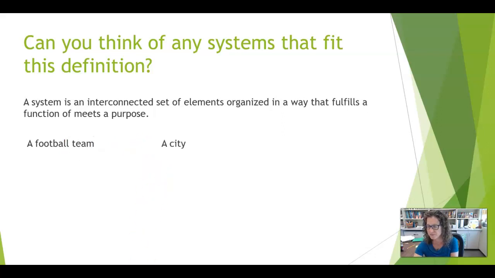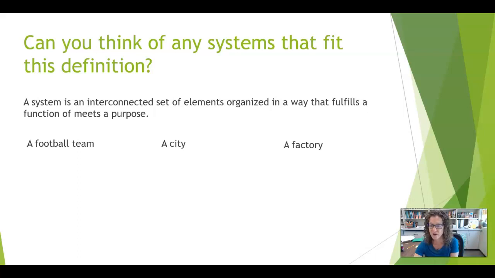So is a city, a system of interconnected transportation, infrastructure, residential areas, commercial areas, organized in a way that fulfills a specific purpose, and the elements are all interconnected.